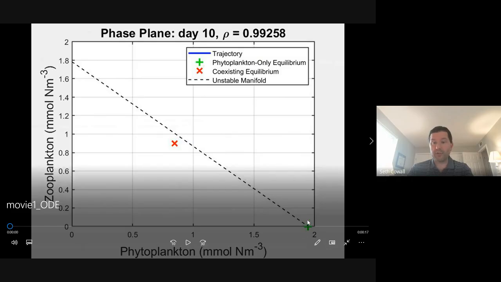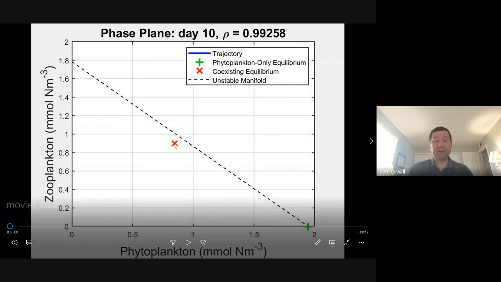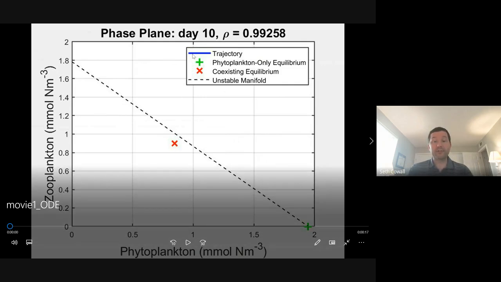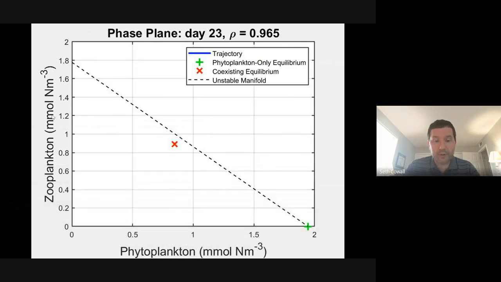We've got our saddle point, the phytoplankton-only equilibrium, down at the lower right, and our balanced coexisting equilibrium right here, the red X. You can't see it now, but the trajectory is going to be the blue line. Let's see what happens as rho changes. We'll just play this video.